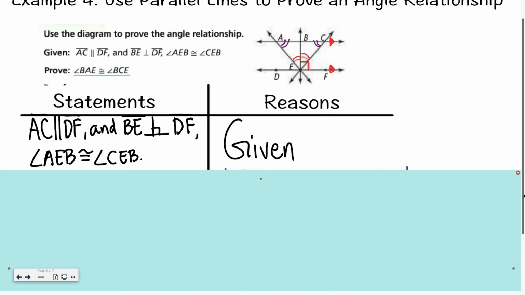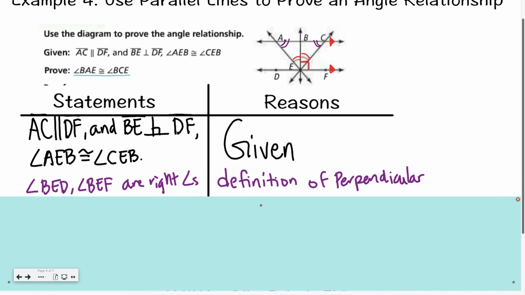So if I know that segment BE is perpendicular to segment DF, I know that BED and BEF, those two angles, are right angles by definition of perpendicular. And if I know that they're right angles, I can also say that the measure of angle BED and the measure of angle BEF both equal 90, right?